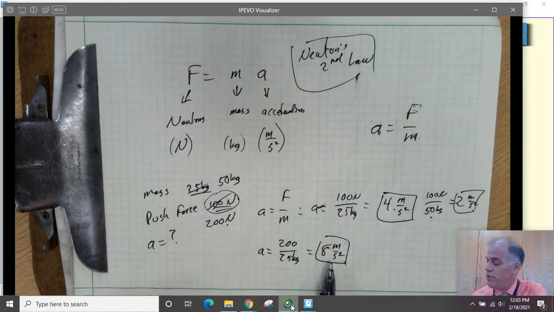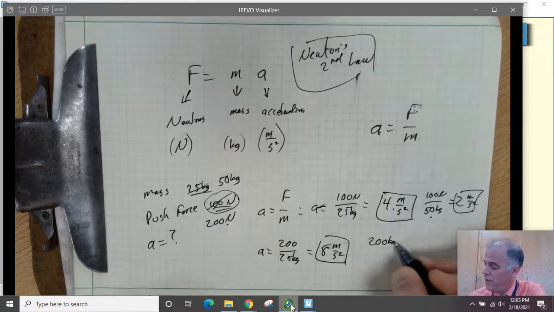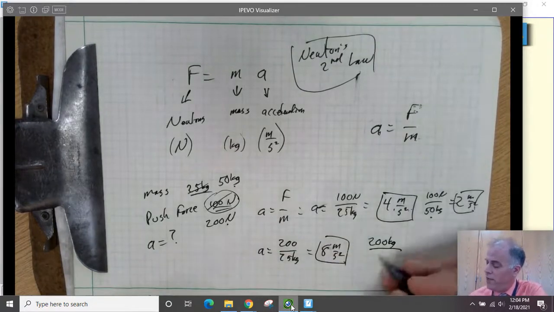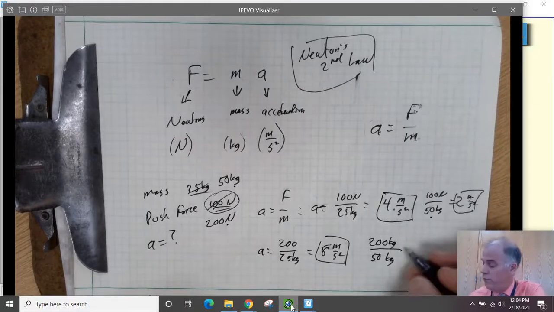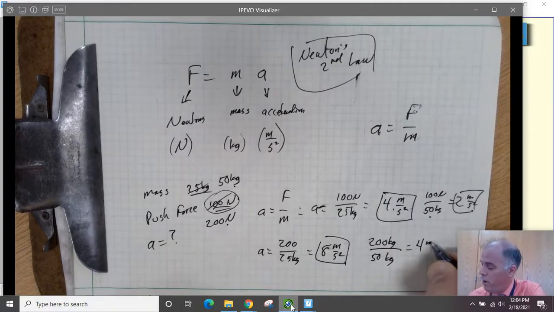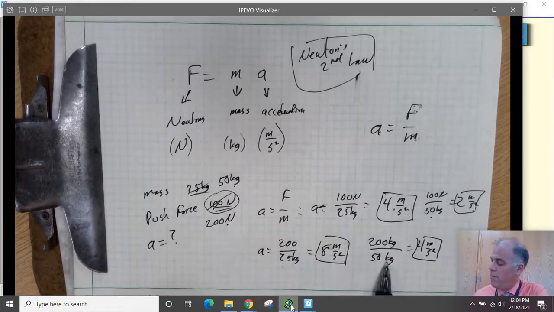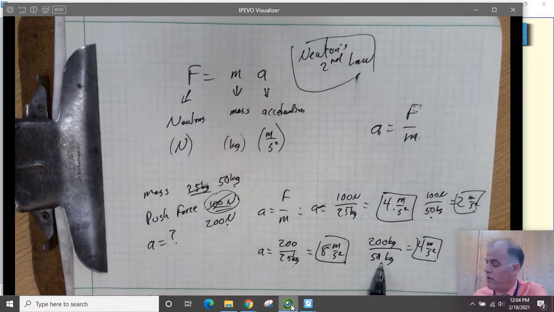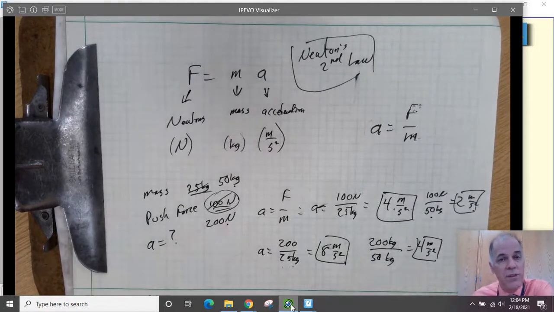Now let's see if the same thing happens with the bigger force. We had 200 newtons, and again, we're going to divide it by 50 kilograms. 200 divided by 50 is 4 this time, 4 meters per second squared. And again, if we double the mass from 25 to 50 kilograms, twice as much mass, we get half as much acceleration. And that's what you found last time as well.